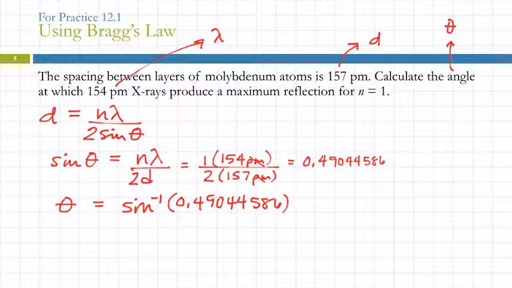So inverse sine, and the answer has to be in degrees, right? Yeah, this is going to be degrees. So it gives us all of this mess, and that would be degrees. In chemistry, we're not going to use radians. We're just not. Leave that for the mathematicians.